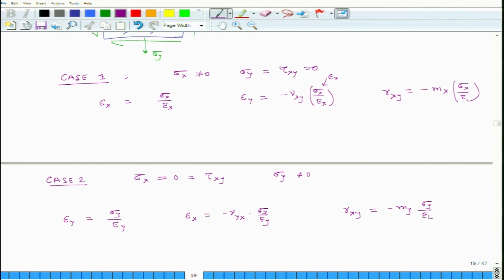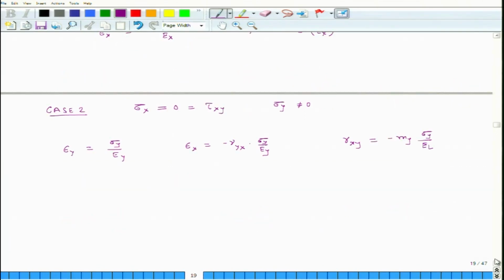Again, if you double the external stress, the strain will double because this is linear elasticity. So, this is the second case. The third case is sigma x equals sigma y equals 0 and tau xy is not equal to 0.